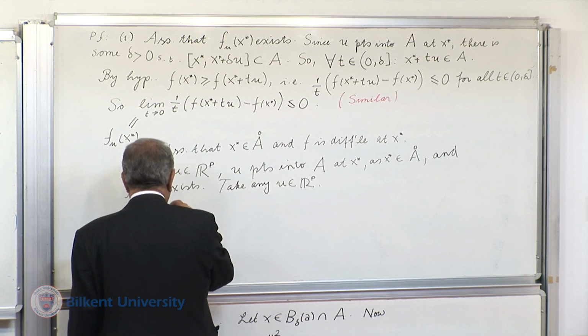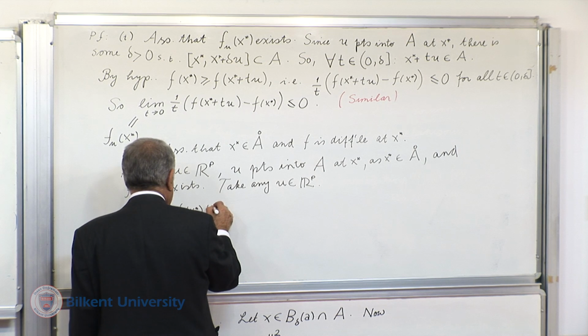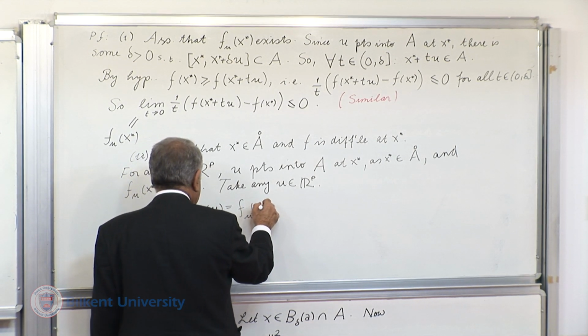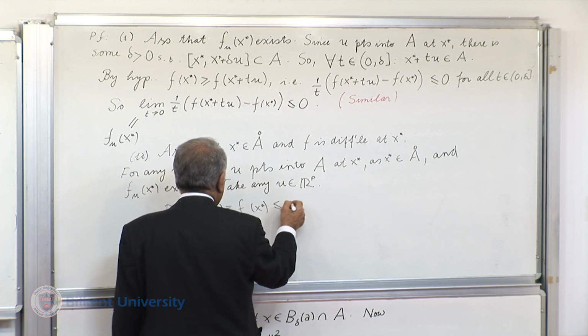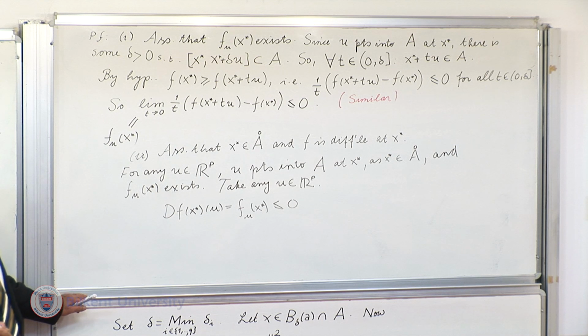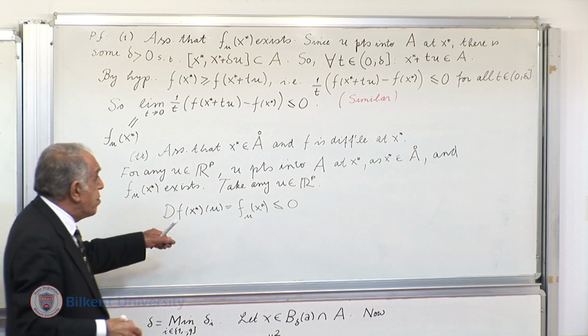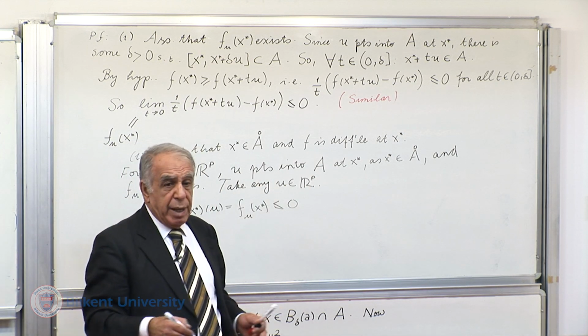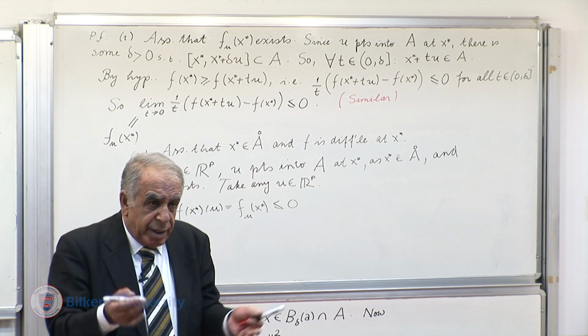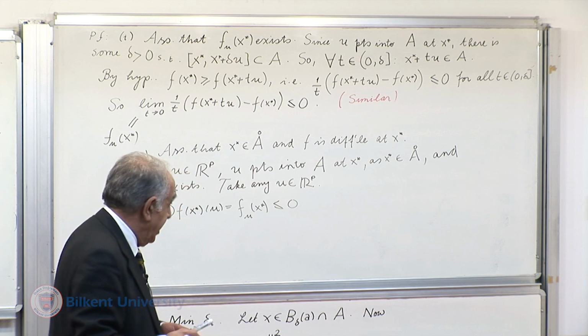Now we have df of x star at u. This is just f sub u of x star, but from the above we know this is less than or equal to 0. But minus u points into cap A at x star as well, because it's in RP as well.